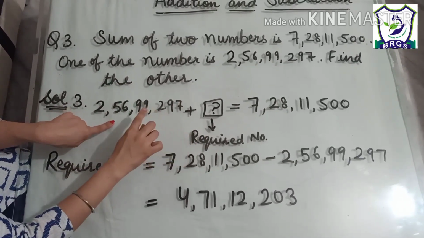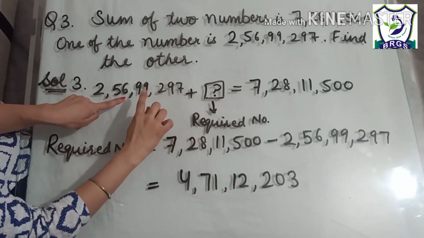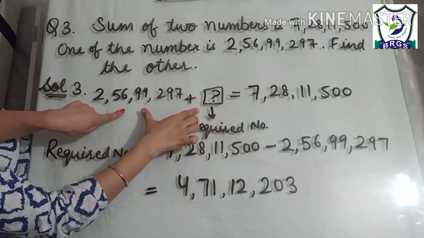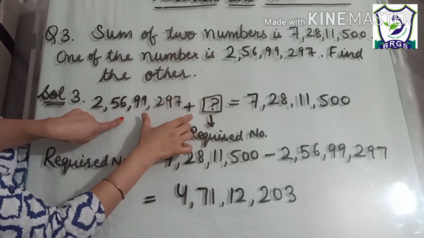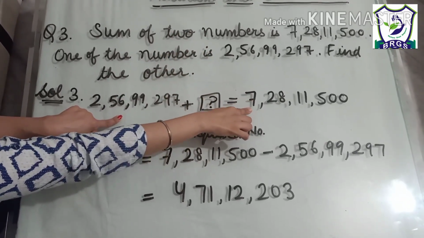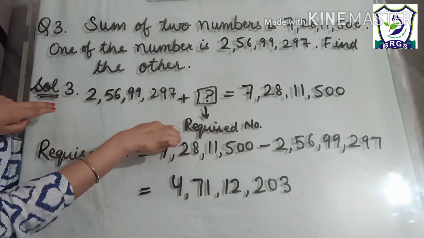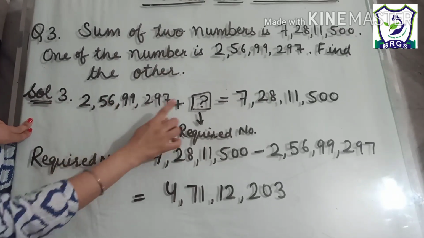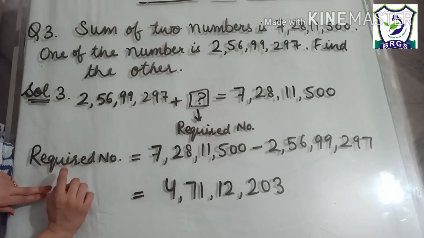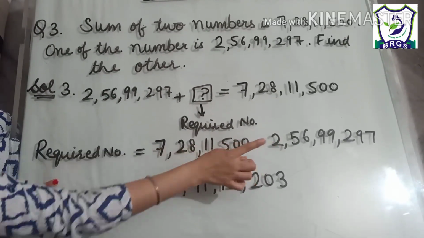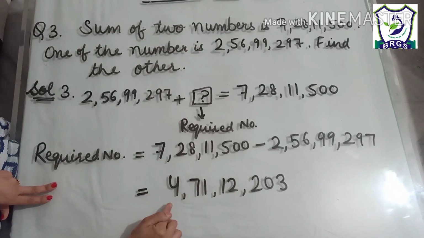Okay, students. So what will be the number? This is the one number, this will be the other number, and when we add both these numbers, the sum of those numbers is this number. We have to find this required number, and we know that we always subtract the smaller number from the bigger number. So to get our required number, we will subtract the smaller number from the bigger number, and we will get this one.